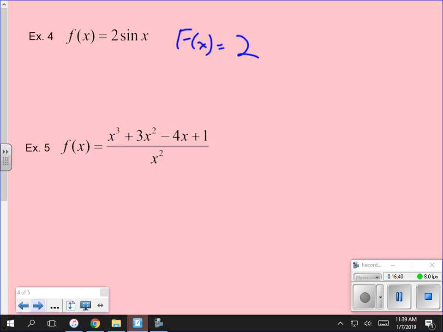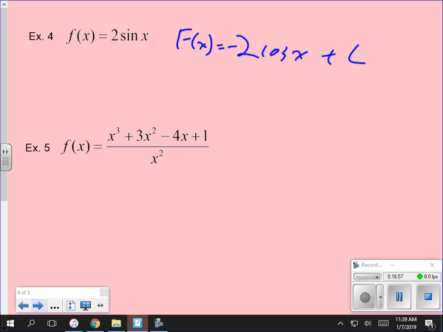Negative cosine. Watch your negatives and positives. Plus c. The derivative of the cosine is negative sine. So I don't have a negative in front of the sine. I have to have a negative in front of my antiderivative.